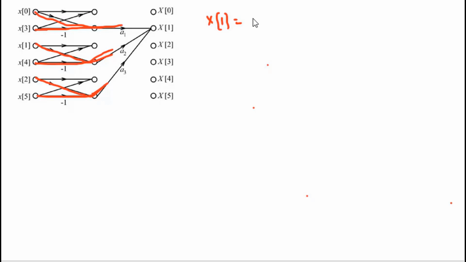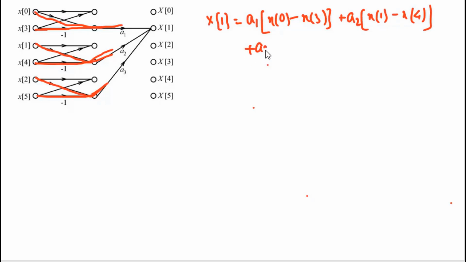So you can write this as a1 times x of 0 minus x of 3, plus a2 times x of 1 minus x of 4, plus a3 times x of 2 minus x of 5. This way you can write x of 1.